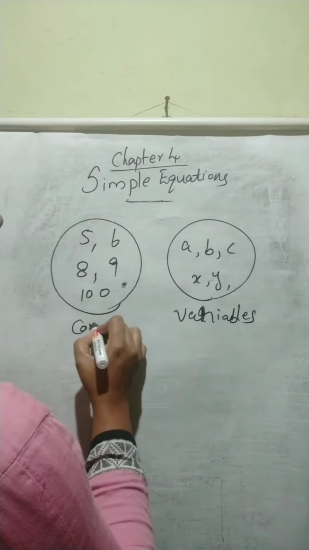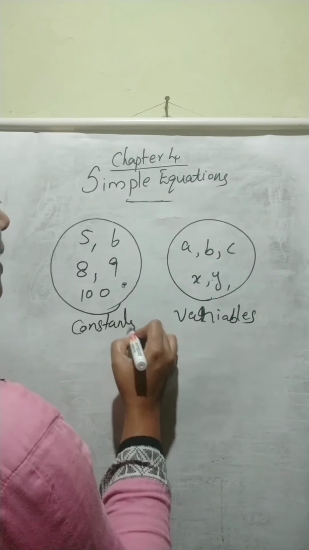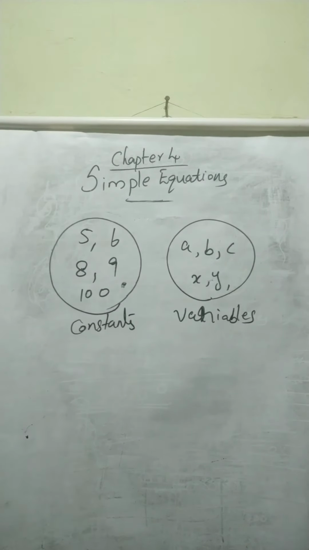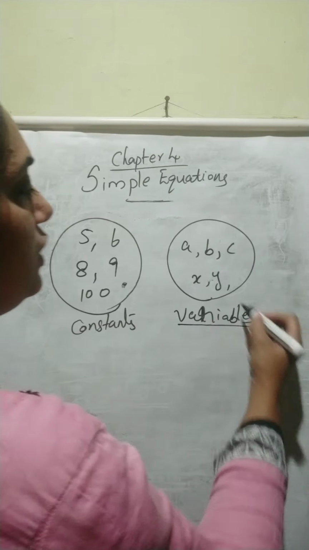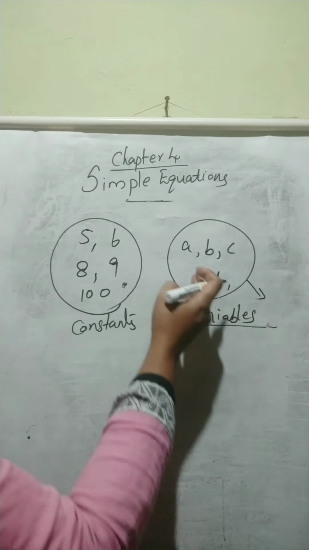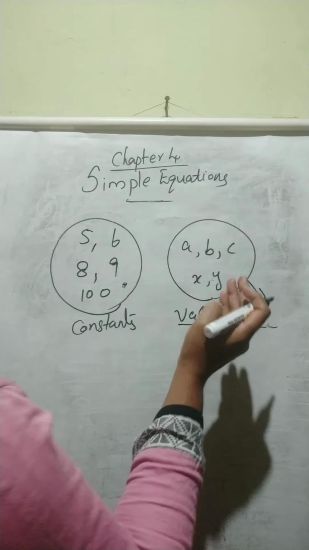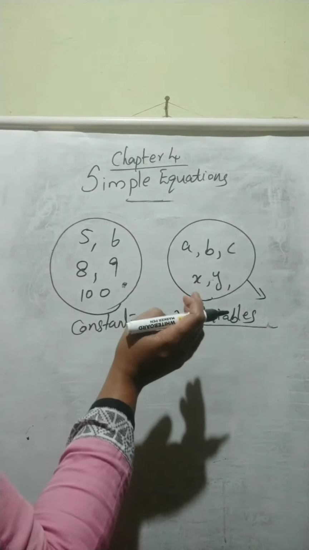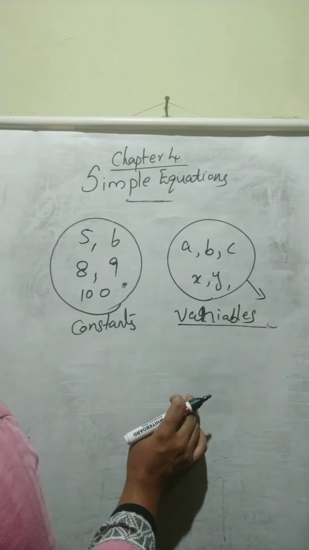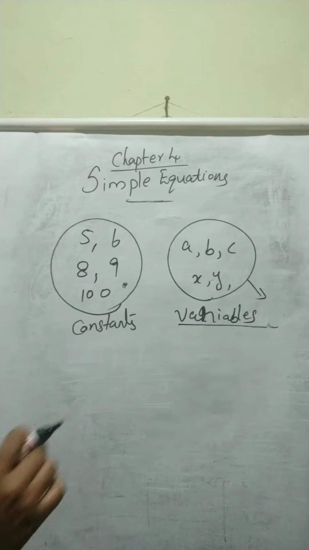These are known as constants, numbers. For unknown values, we don't know the value of these letters, so for these unknown values, we use variables. These are constants.